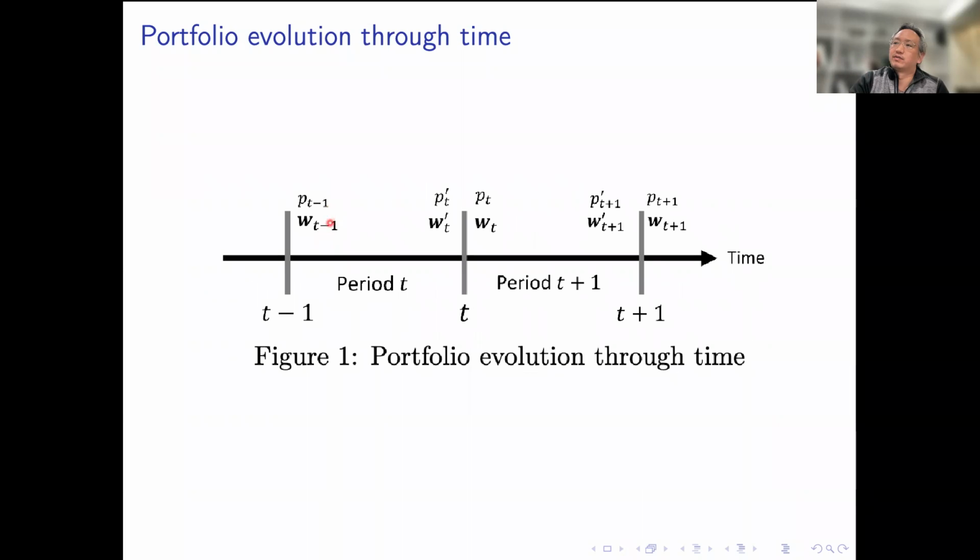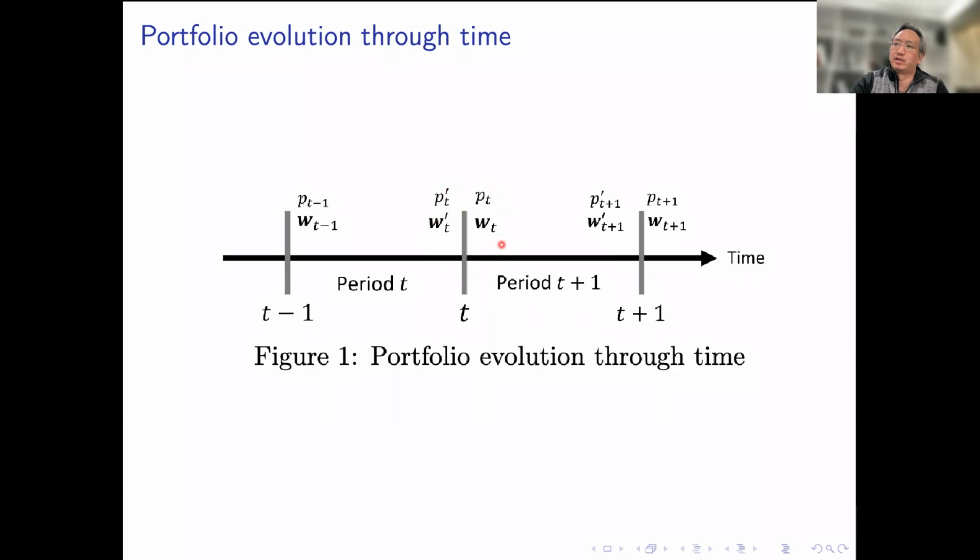Because the stock price changes during period T, that leads to a new portfolio value, and a new distribution of the wealth vector, because we normalize by the new value given the change of the stock price.